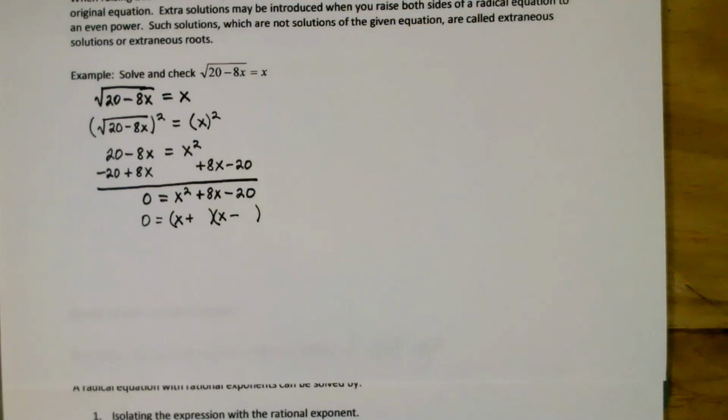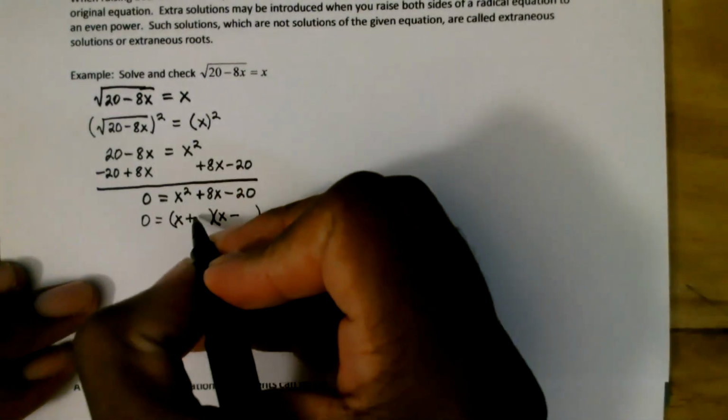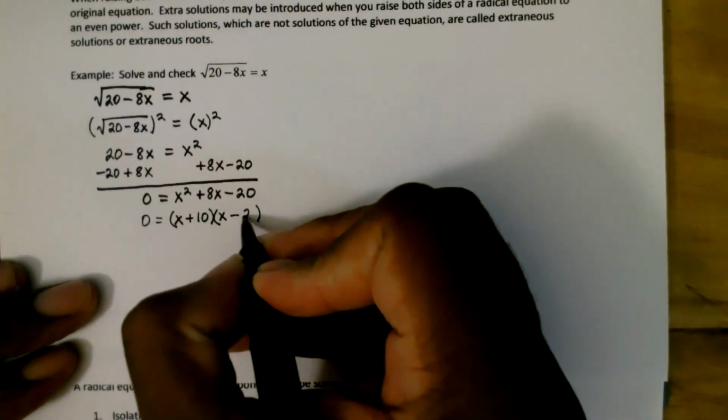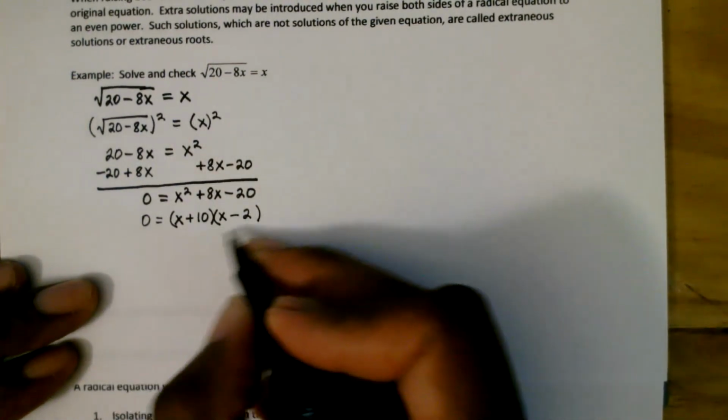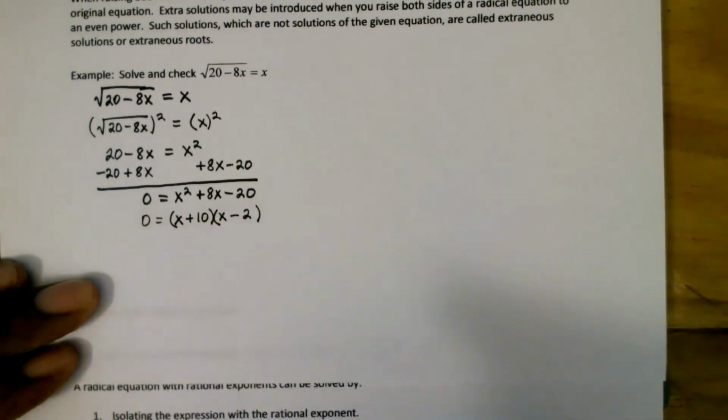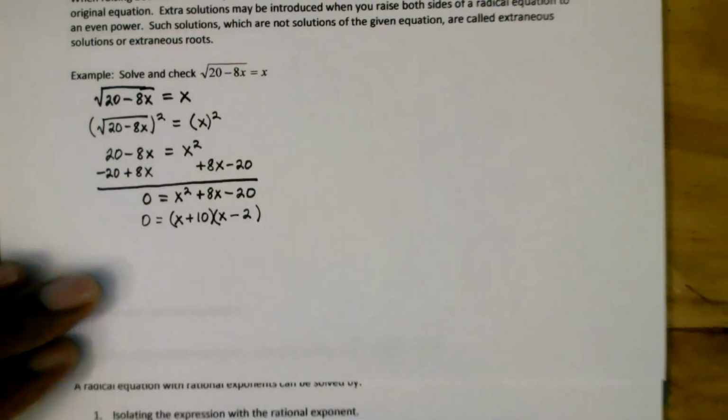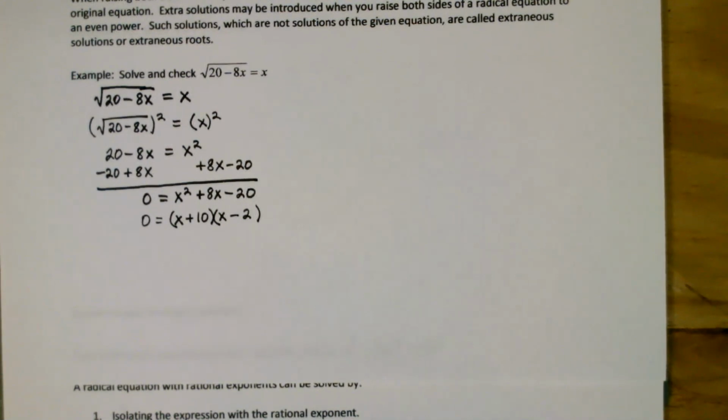So if I use 10 and 2, I have to make the 10 a plus and the 2 a minus. That way, the outer, which is negative 2x, plus the inner, that's 10x, will give me the middle term of 8x. So factored completely, that would be x plus 10 times x minus 2 equals 0.